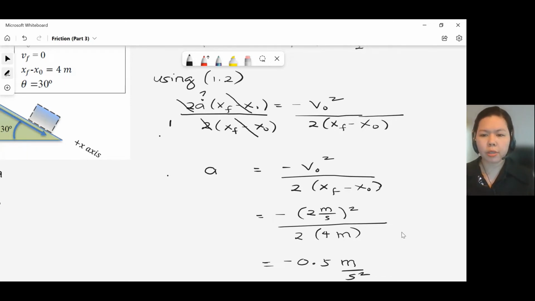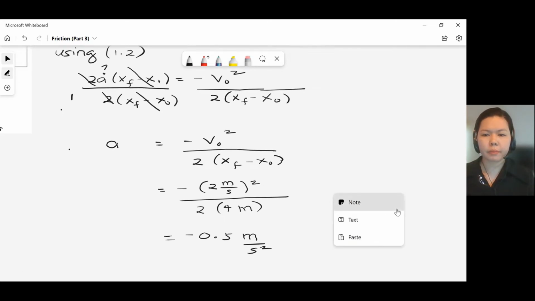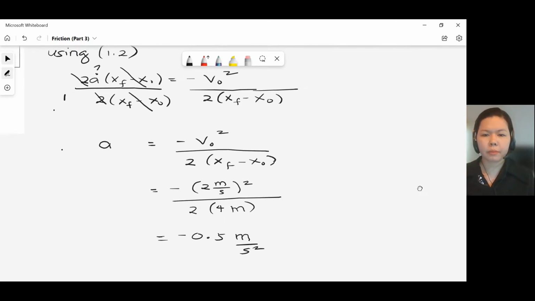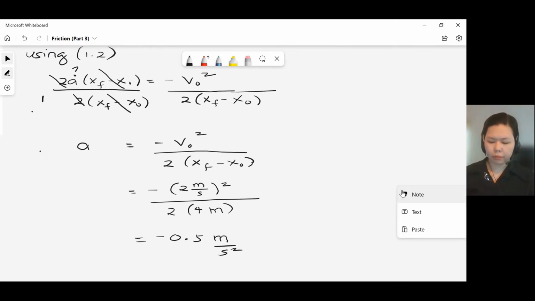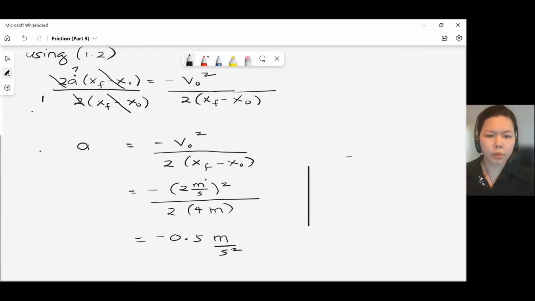Let us work out the units. We have numerator meter squared over second squared, divided by denominator, over meter.